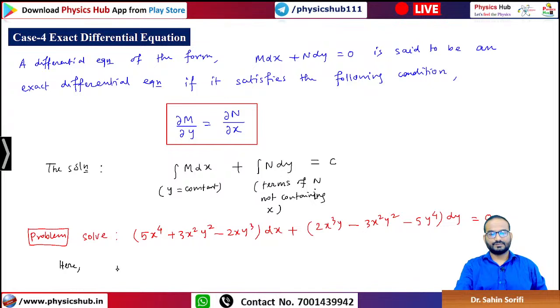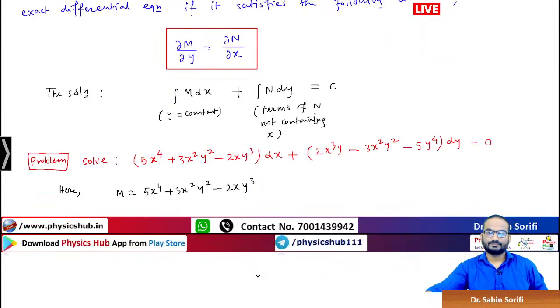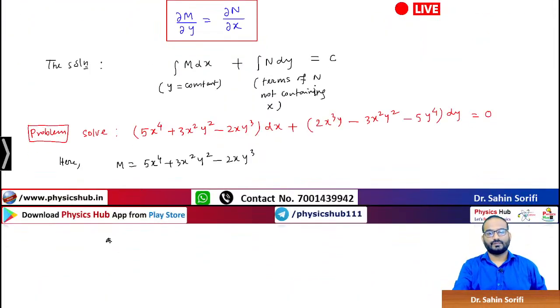Here as you can see, M is equal to 5x to the power 4 plus 3x square y square minus 2xy cube. And N is equal to 2x cube y minus 3x square y square minus 5y to the power 4. And hence del M by del y is 6x square y minus 6xy square.